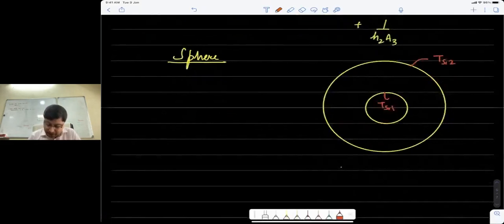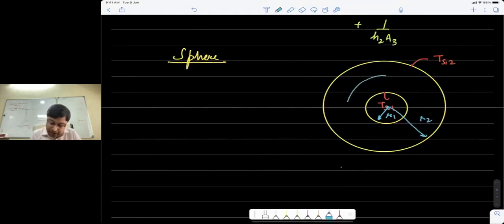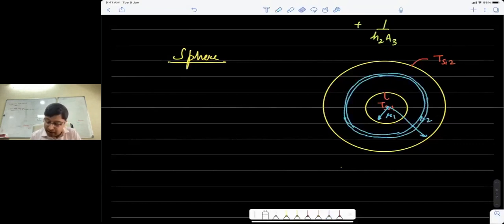Let's say the inner radius is R1, the outer one is R2, and I can take a shell at some distance r. The shell would be of thickness dr, at a distance of r. I'm actually following a slightly different way of solving it as compared to what I did in the case of a cylinder.